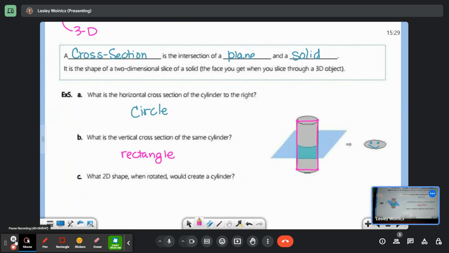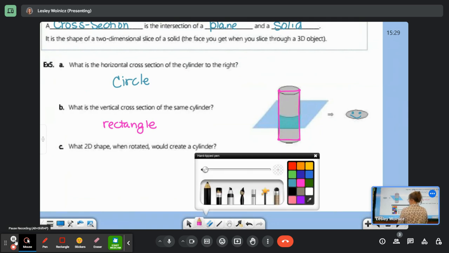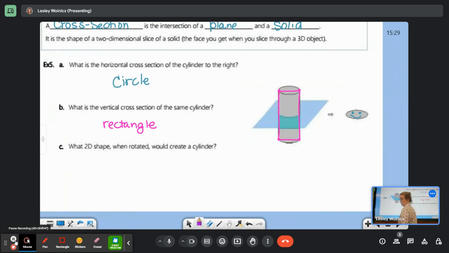Okay, what 2D shape, when rotated, would create a cylinder? We did this yesterday. Someone said calculator? Yes, calculator. Right? Yes, a rectangle. Thank you. Okay, I am going to draw the picture for the video, but we already have the picture, so it's fine.